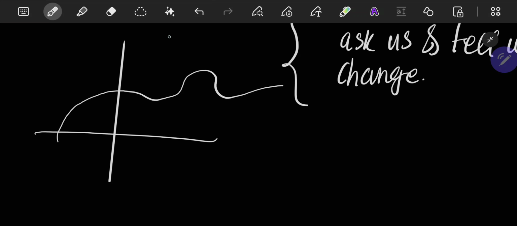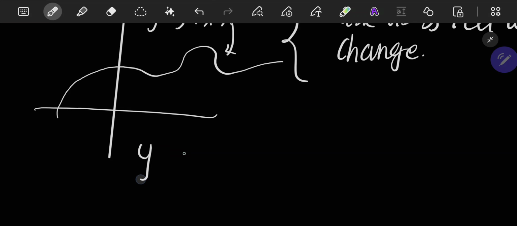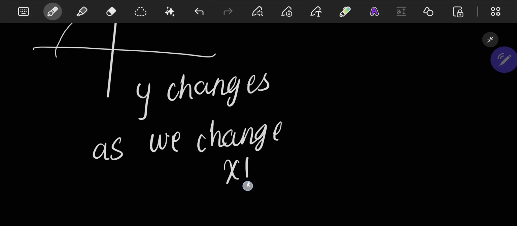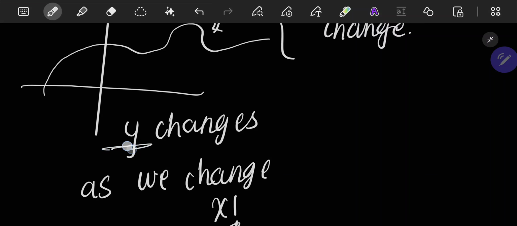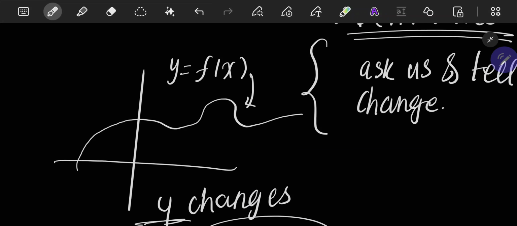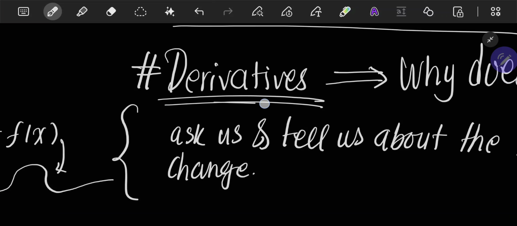So if we have that y is equal to f of x, and this is the function f of x, and I want you to find how y changes as we change x. So how does y change with respect to x? If I told you to find that out, you would need derivatives.